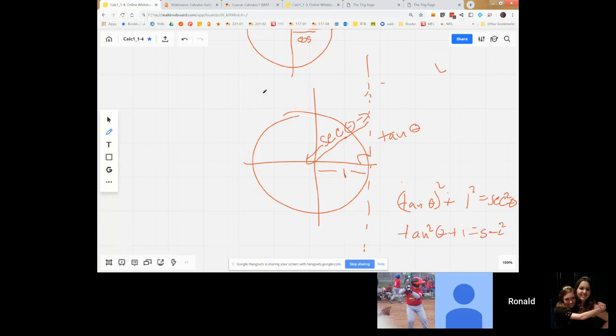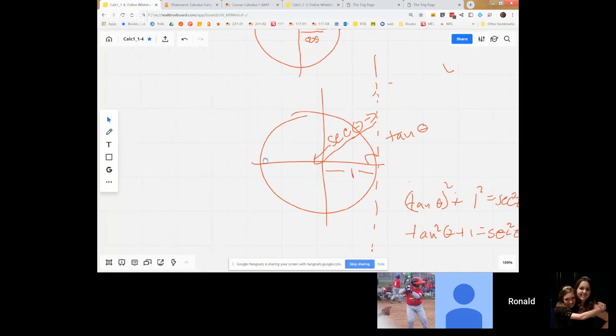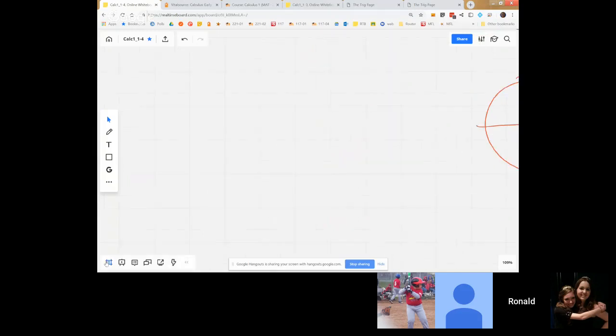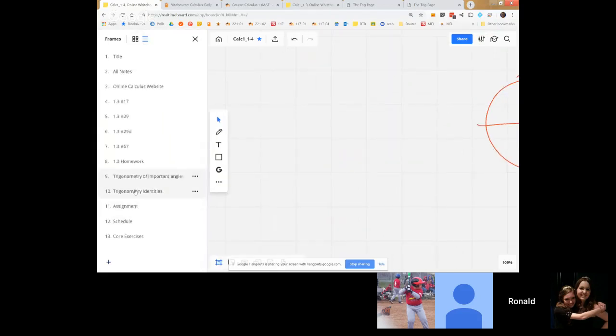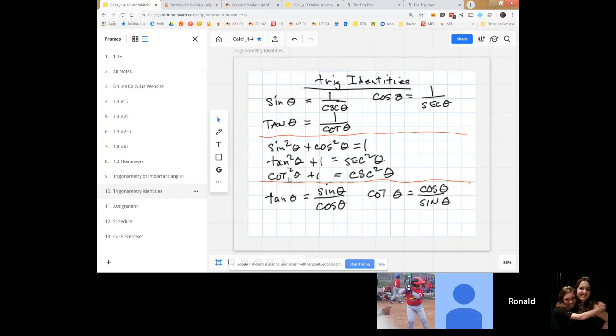Just coming back to our identities here, that's this middle one: tangent squared plus 1 equals secant squared. And there's another one for the cotangent. And anyway, then two very handy ones are tangent equals sine over cosine.